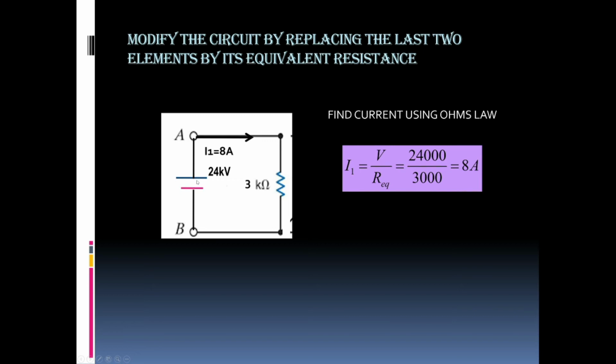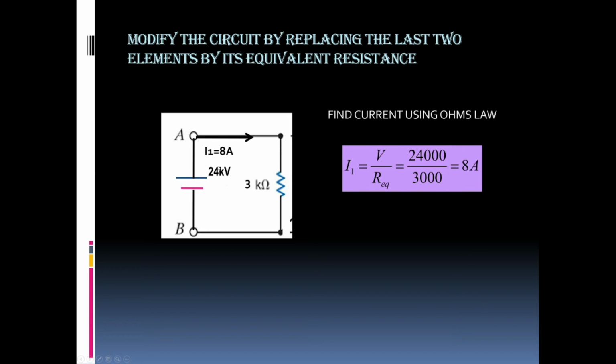So you can use Ohm's law to find I1. I1 is equal to V by our equivalent resistance, which is 24 kilovolt. So 24,000 divided by 3 kilo ohms, so 3,000, equal to 8 ampere. So you know the current I1 is equal to 8 ampere.